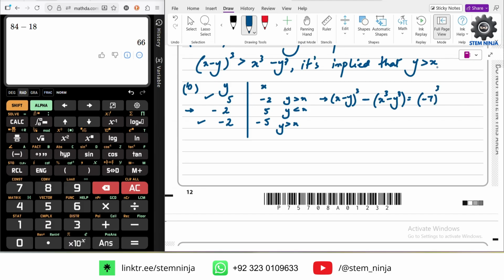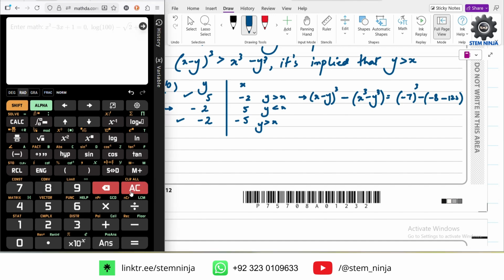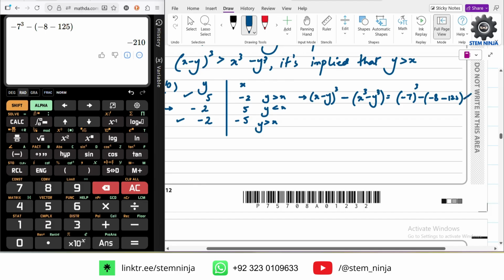So -2 minus 5, 7 cubed, minus the x cubed, which is -8, minus y cubed, which is 125. Okay, in this case I think this might be greater, but let's see. So 7 cubed negative minus 8 minus 125, this is minus 210. So this is less than 0.